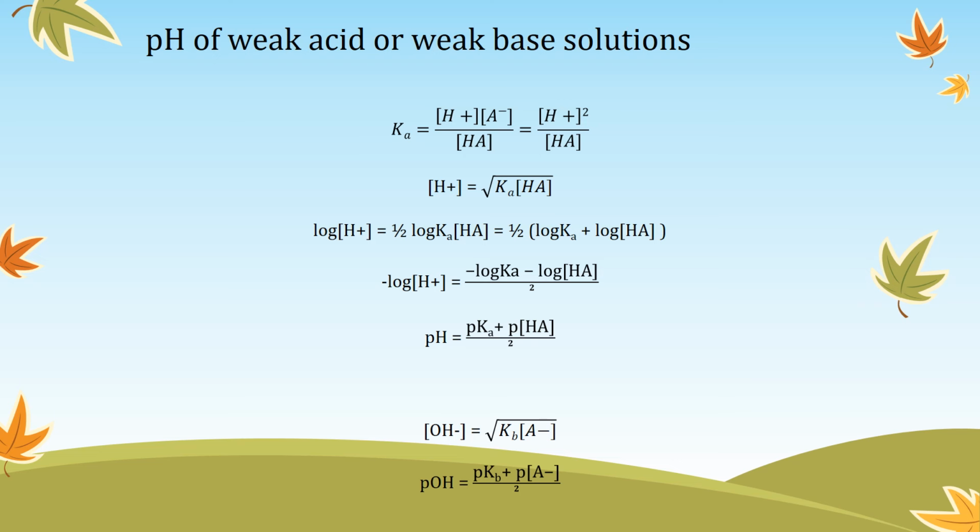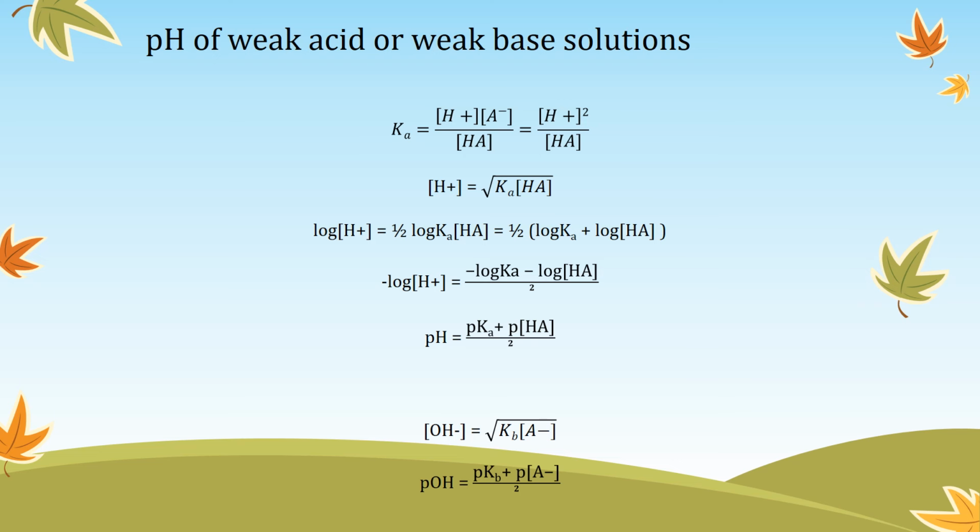To calculate the hydrogen ion concentration, it is the square root of Ka times the concentration of weak acid. Like in the earlier problems, you take logarithms and multiply by a negative sign, and you get pH equal to half of pKa plus p concentration of weak acid.